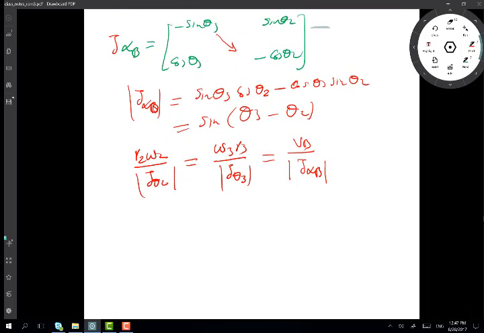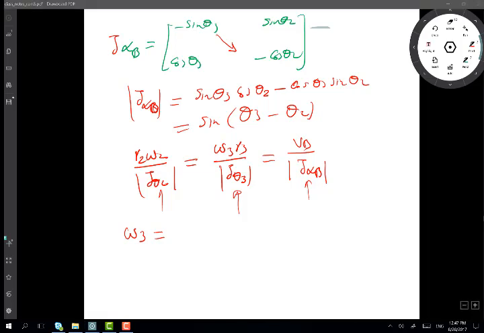So if I wanted omega 3, don't forget that every determinant underneath is important because it determines whether the variable at the top is going to be equal to 0.